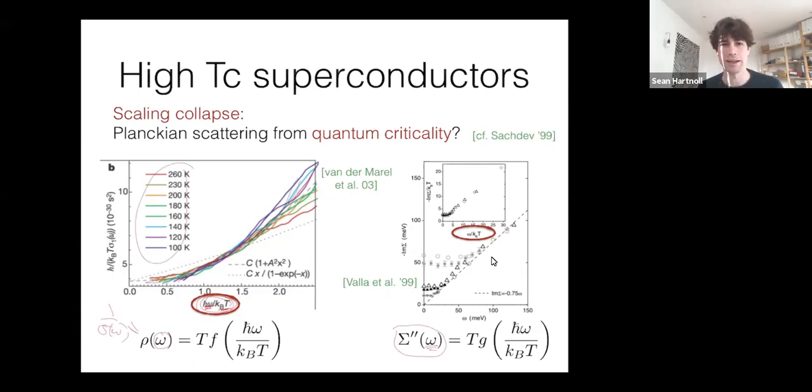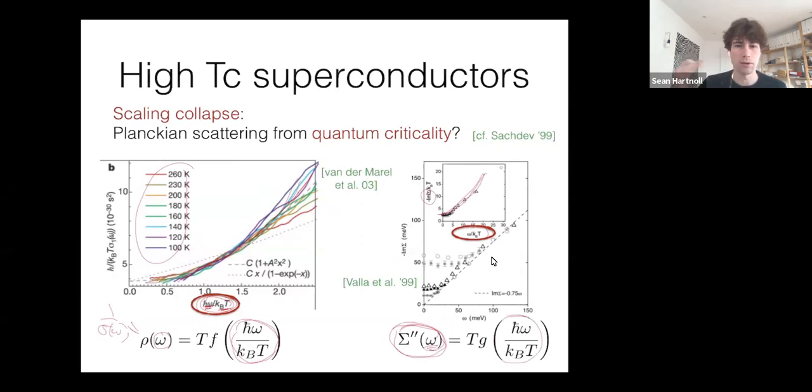The claim this plot is trying to make, collapse is never perfect, is that it's only a function of omega over T. Similarly, this is the frequency-dependent lifetime of the single particles as measured by ARPES. Again, this is omega over T, and this is the imaginary part for different temperatures. Again, the claim is that it collapses onto some curve.